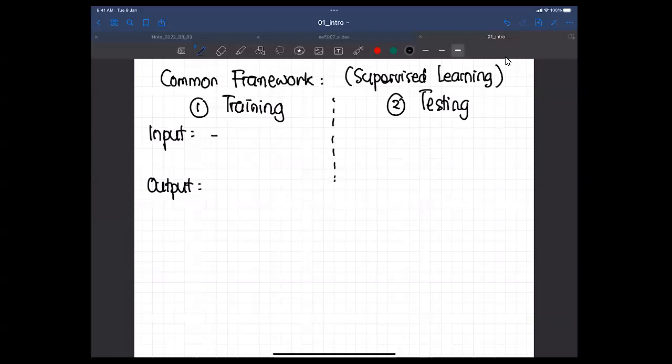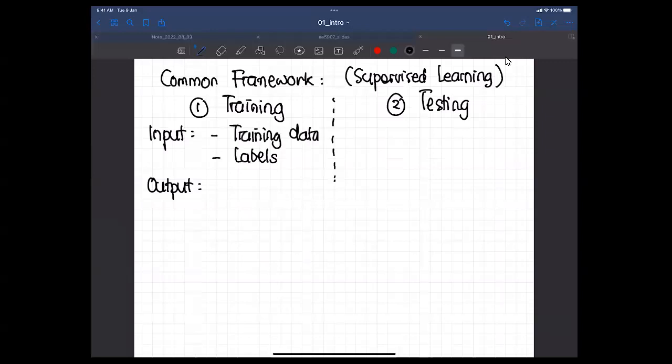Anyone? Data. Yes. The input is the training data and labels of the data. In the previous example that I gave you, the positive and the negative are the labels.